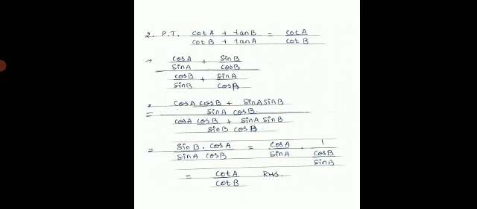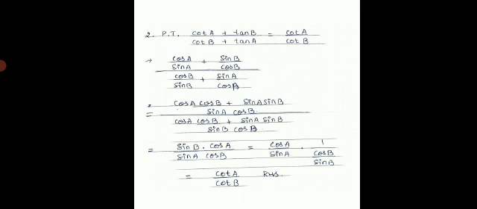Now, again cross multiply the terms, that is cos B into cos A plus sin A into sin B. So that is your numerator part. Similarly, the denominator also follows the same steps. Sin B and cos A is your LCM part in the denominator. Then cross multiply. You get cos A into cos B plus sin A into sin B.